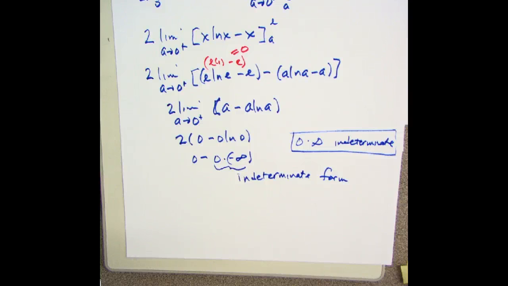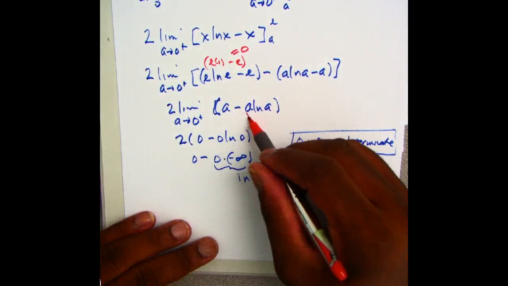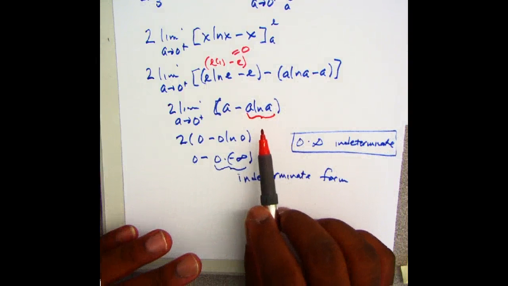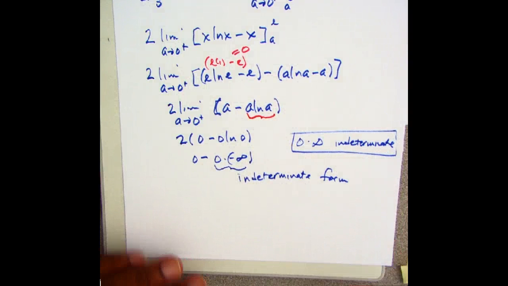All right, so we need to use L'Hopital's in here somewhere. So we're running into a problem where you have the a ln of a, because that's the part that's generating the indeterminate in the 0 times infinity.